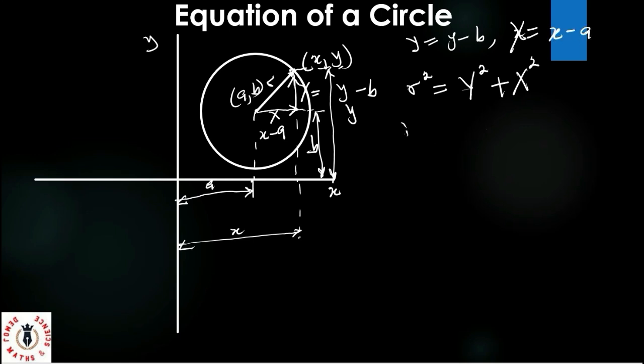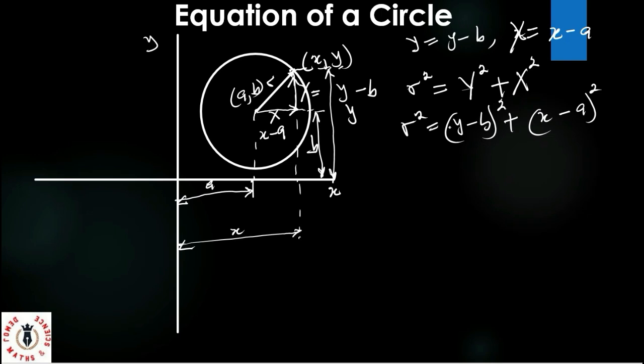So I can substitute in this to have r squared now equal to y minus b all squared plus x minus a all squared. Now, this is actually the equation for a circle.